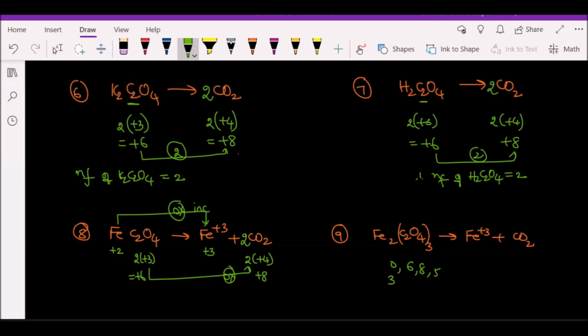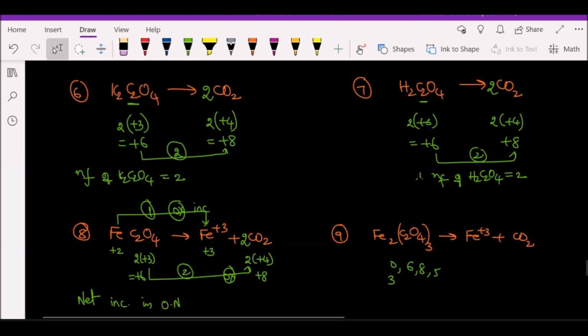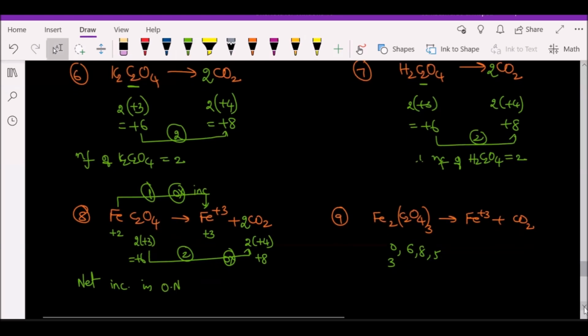What is the total change in oxidation numbers, total increase or total decrease? +2 to +3, increase is 1. +6 to +8, increase is 2. So what is the net increase in oxidation number? The net increase in oxidation number, that is also per molecule, a compulsory condition. Per molecule.